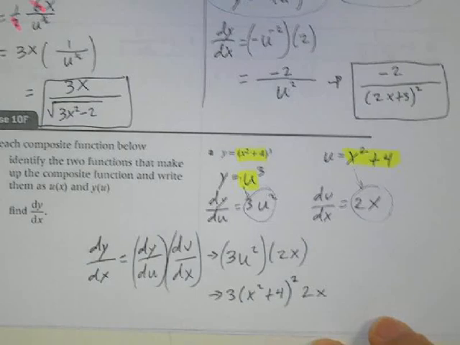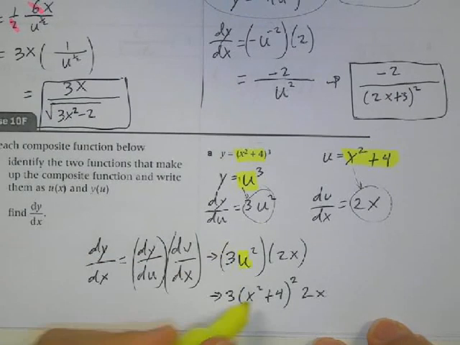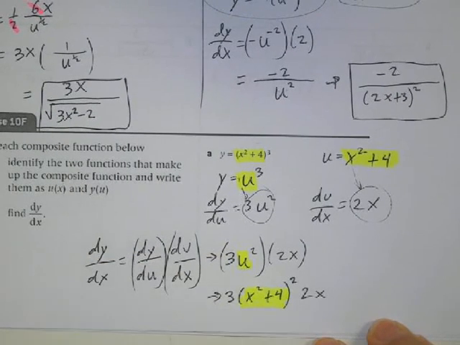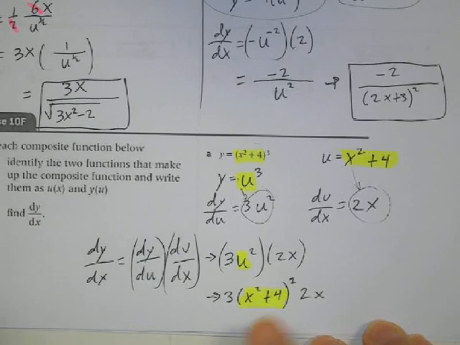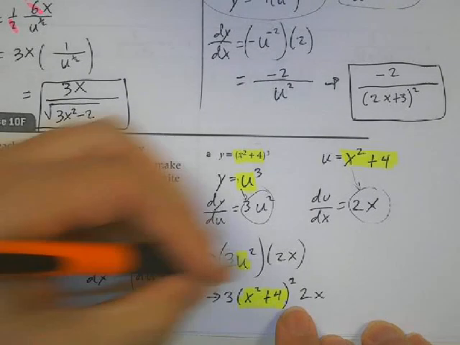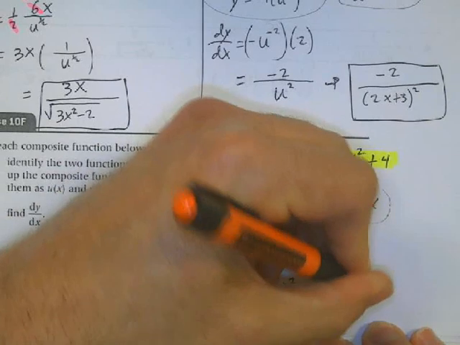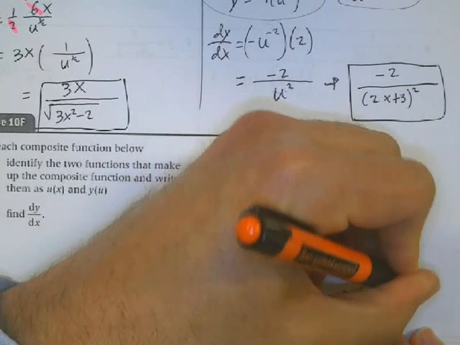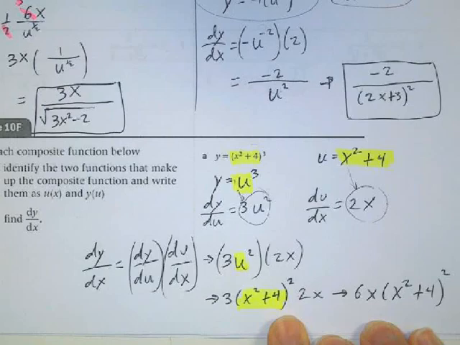I replaced u with this stuff there, right? And then I can simplify this a little bit. 3 times 2x, so we're going to have 6x times (x squared plus 4) squared. And there's my derivative.